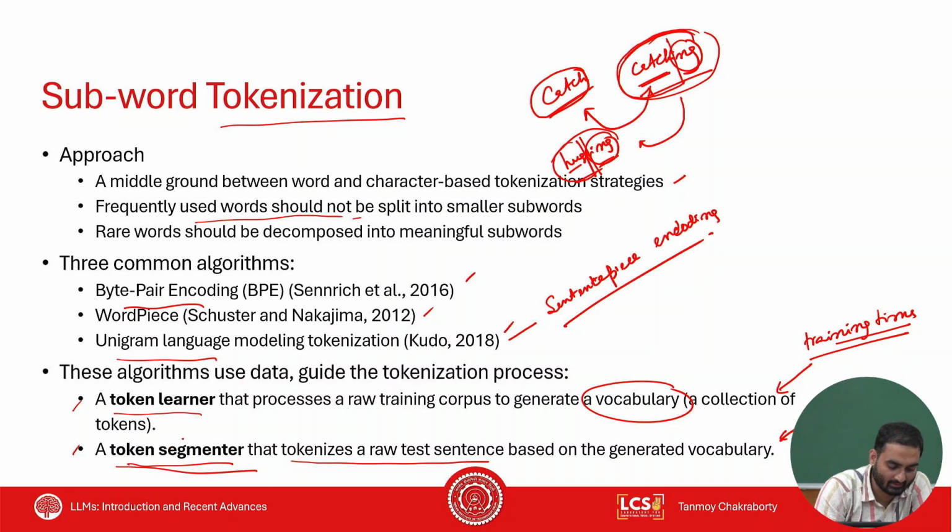The token segmenter is responsible for this. For byte-pair encoding, you have one type of learner and segmenter. For WordPiece, you have a different type of learner and segmenter. For Unigram language model tokenization, you again have different types of learner and segmenter.